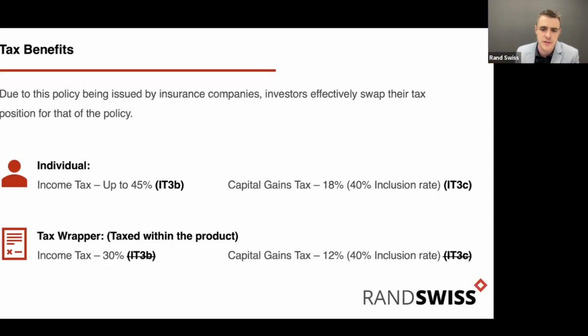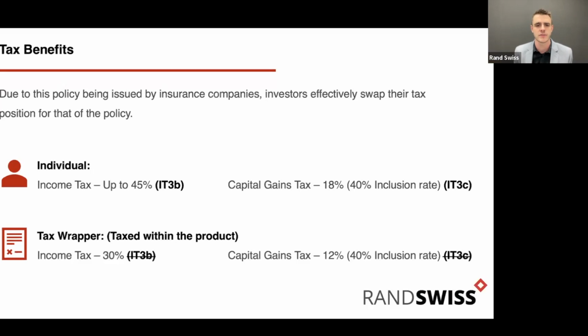The second benefit is on a capital gains tax level. The capital gains tax is capped at 12%, versus in your individual capacity it can be as high as 18%. So a 15% tax saving on an income tax level and a 6% tax saving on a capital gains tax level. What's nice about it is, again, you're swapping your tax position.